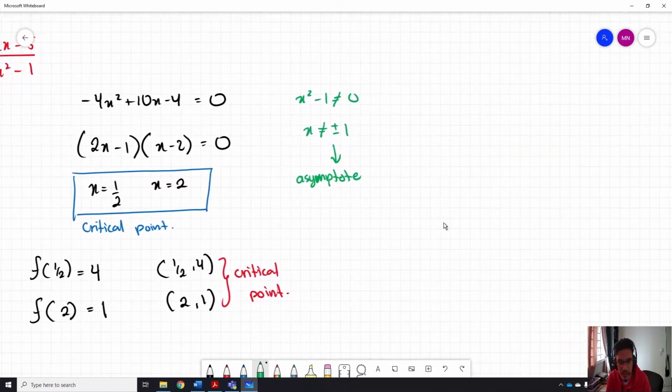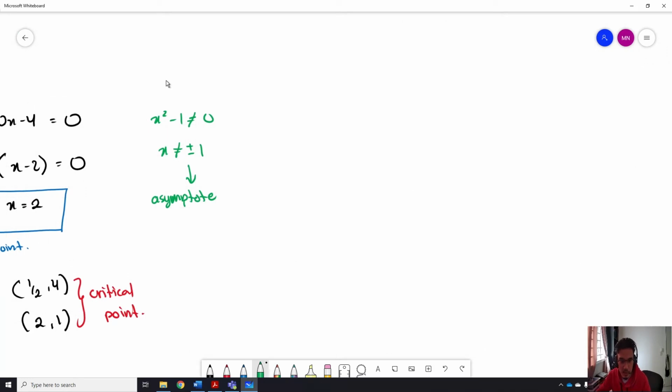So now we try to draw the line of the x-axis. Here we have an asymptote at negative 1. Then we have the origin, which is 0, and then 1/2, and then we have the asymptote at positive 1.